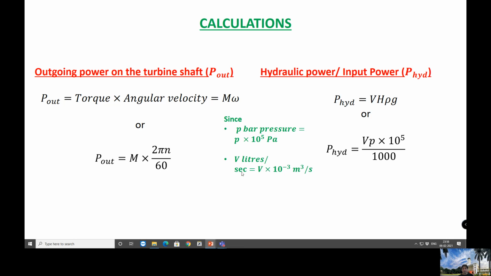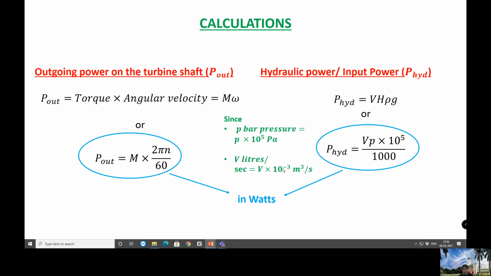And since V is in liters per second, we write it as 10 to the power minus 3 meter cubed per second. That is why we have divided by 1000 because of this volume. So both P out and P hyd, the hydraulic power, come in watts.